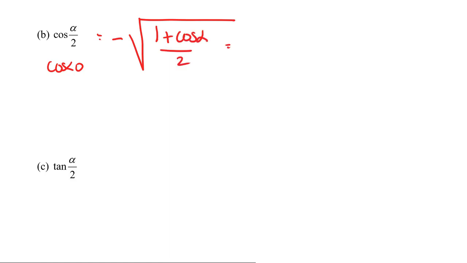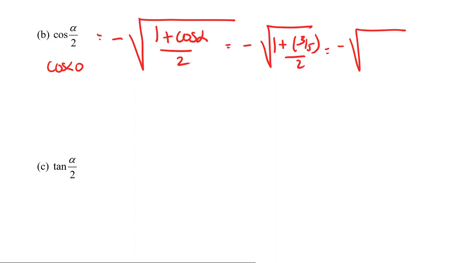Well, we've decided that alpha over 2 is in quadrant 2, where cosine is negative. So I'm going to take the negative root of 1 plus the cosine of alpha over 2, and the cosine of alpha is negative 3/5 over 2.